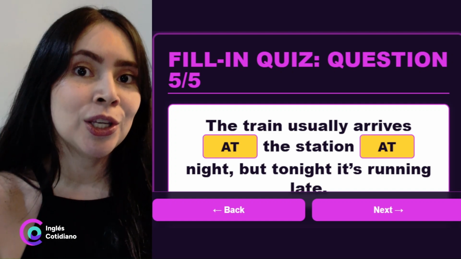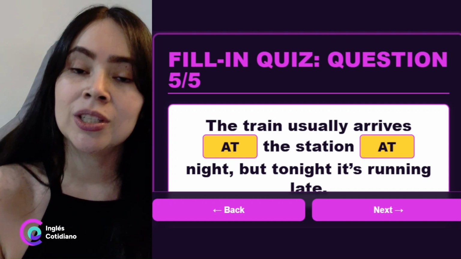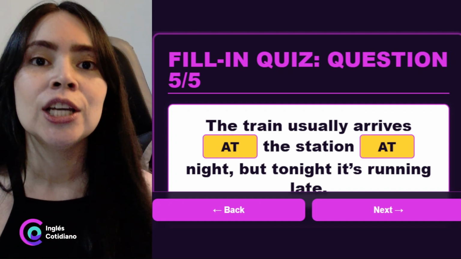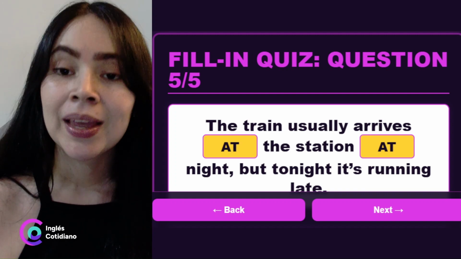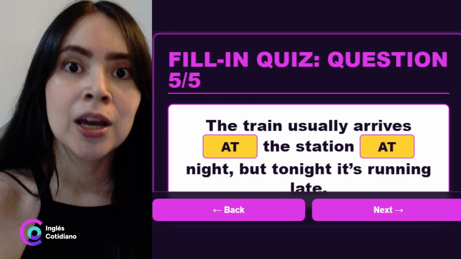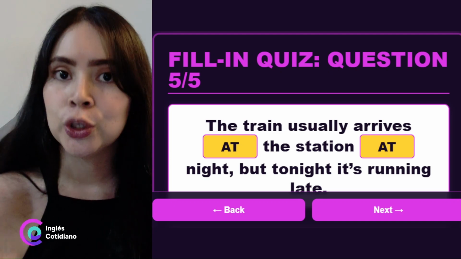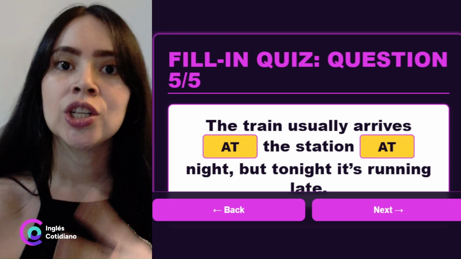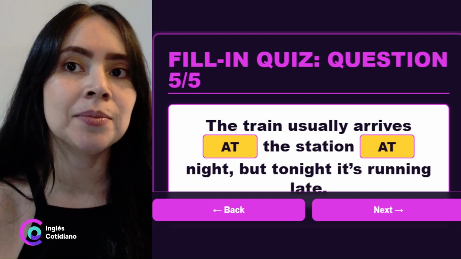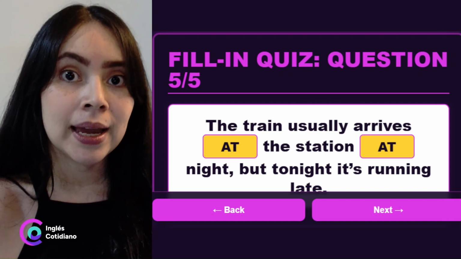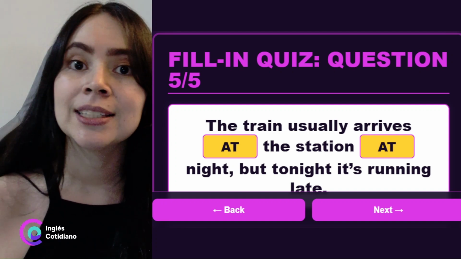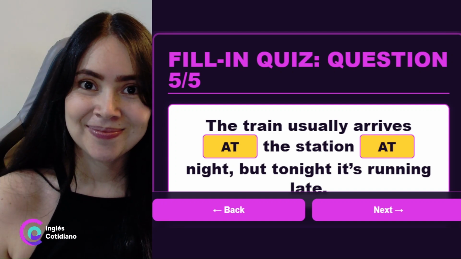Now we know when we can use the prepositions at, on, and in to talk about time. At for a specific time, words that refer to a specific time: at noon, at lunch, at breakfast, at night, at bedtime, at Christmas.